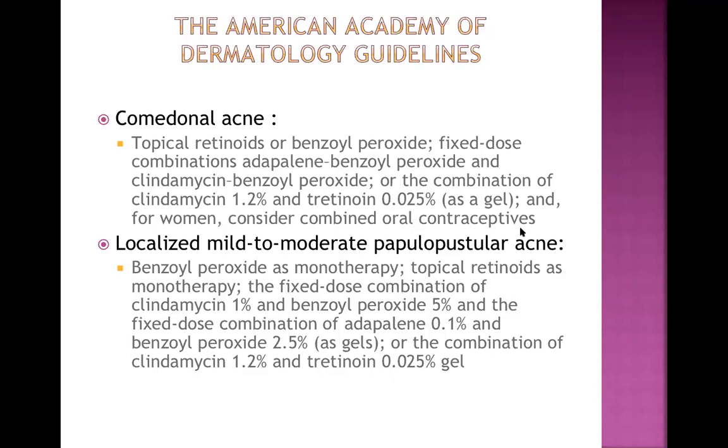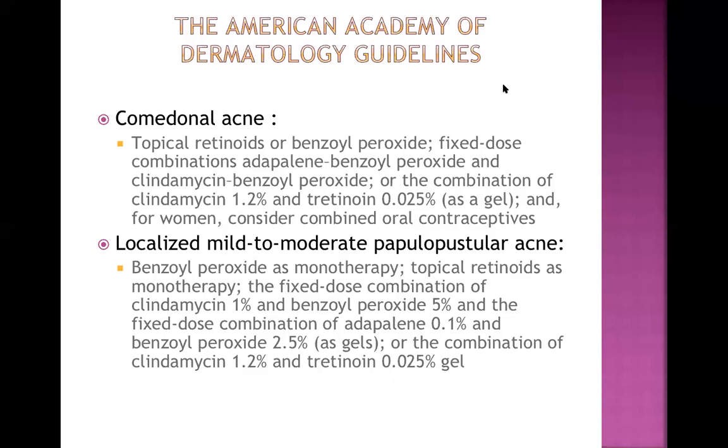Now, another type of acne, which is localized, mild to moderate, or papulopustular acne, how are we going to treat? Use benzoyl peroxide as a monotherapy or use topical retinoids as monotherapy. Mono means just single, only those.